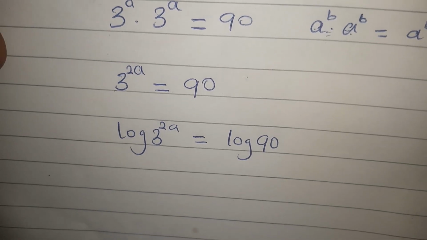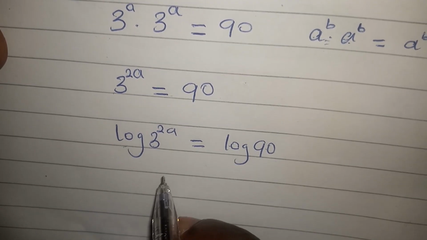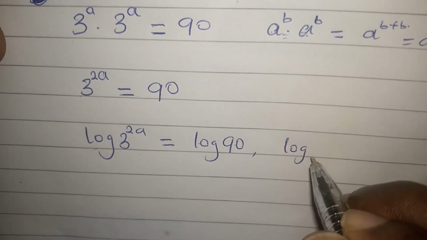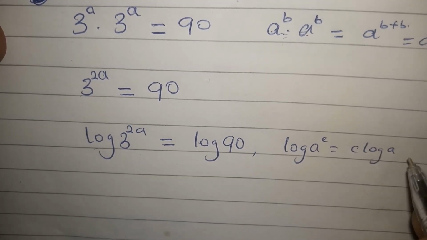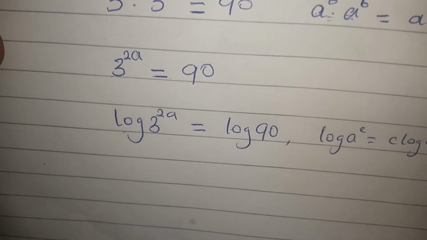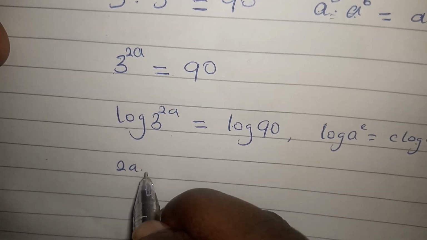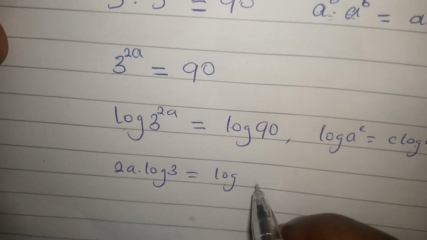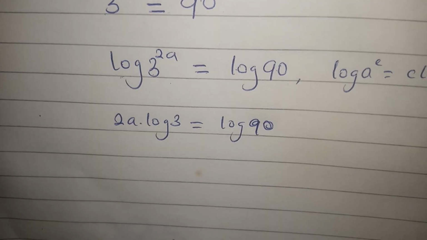From here we apply the log rule which says that log a to the power of c is equal to c log a. Applying this rule, we have 2a times log 3 is equal to log 90.